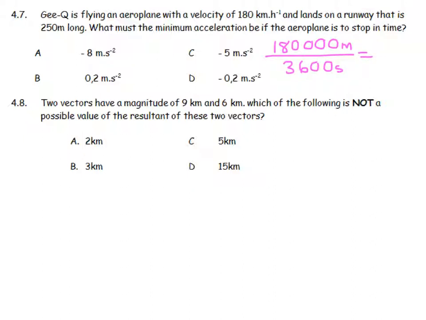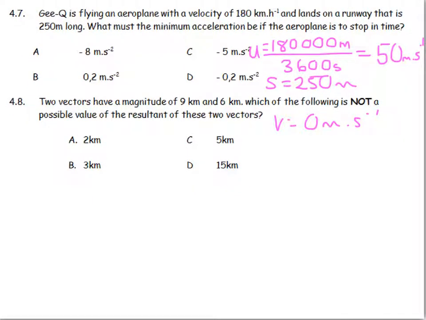And that turns out to be 50 meters per second. Now I have got an initial velocity, that's my initial velocity. I've got a distance of 250 meters. I need to stop, so my final velocity is 0 meters per second. And I am looking for acceleration.